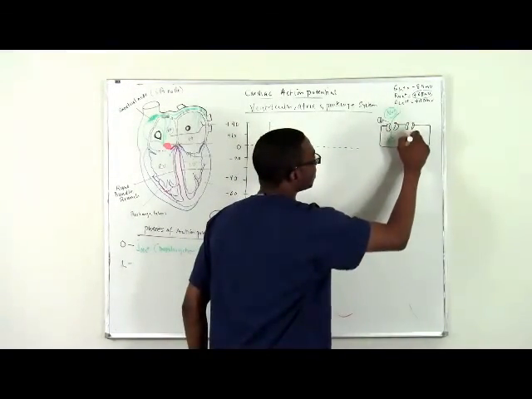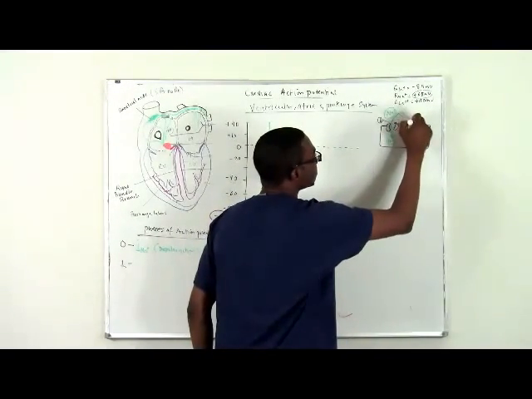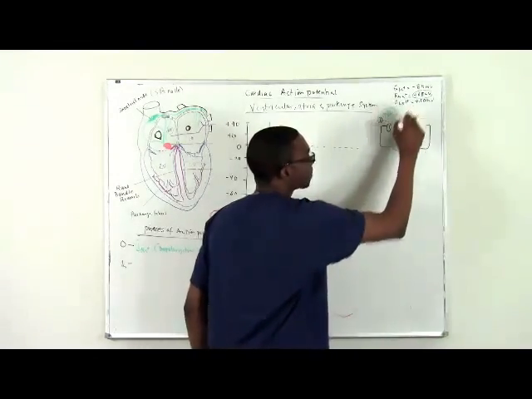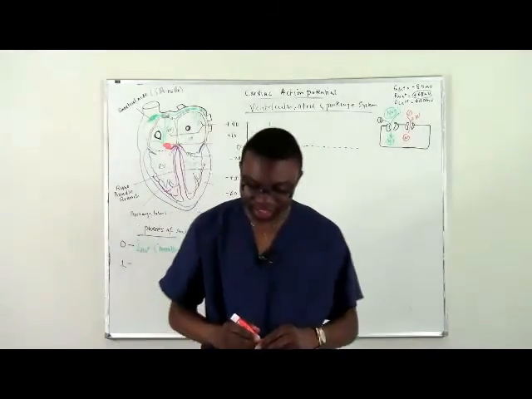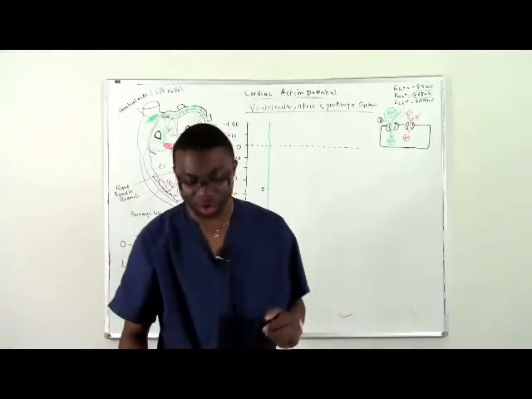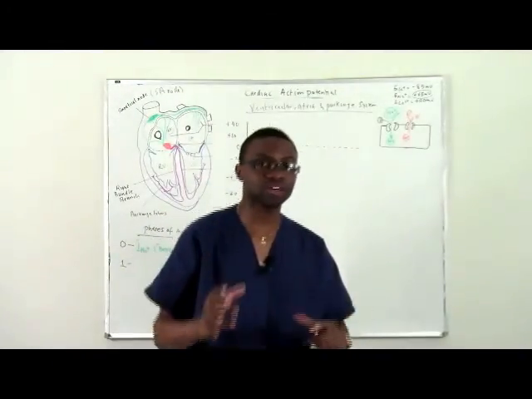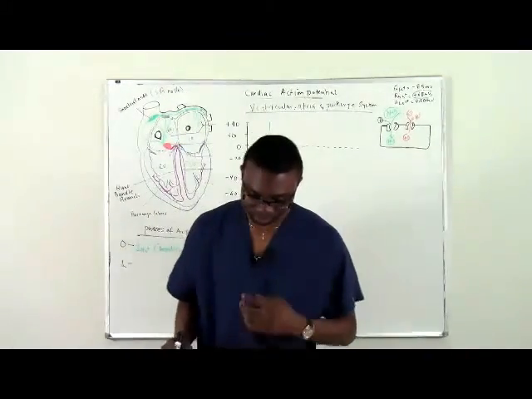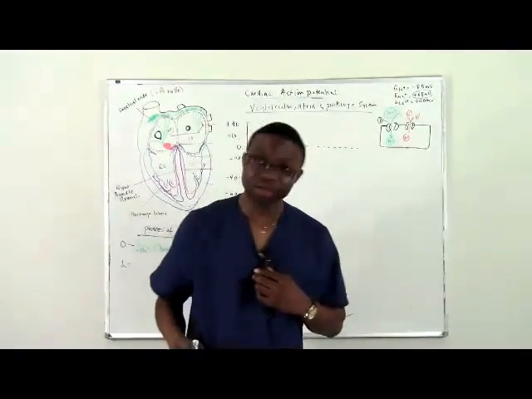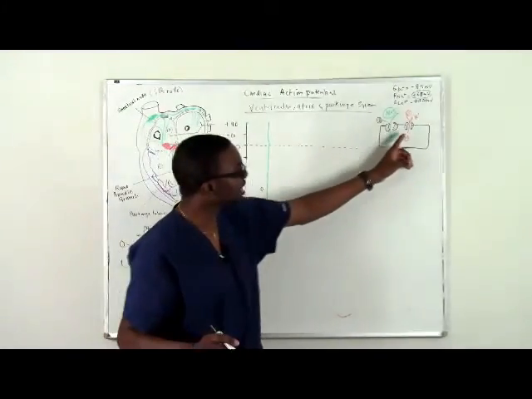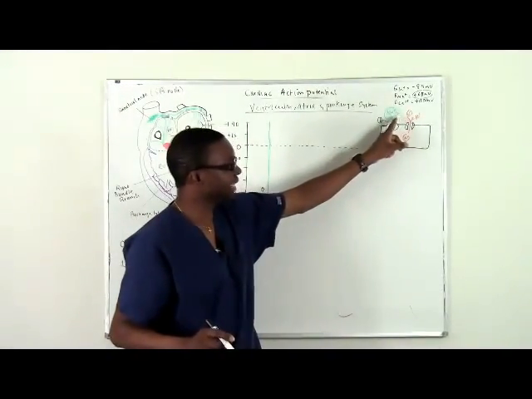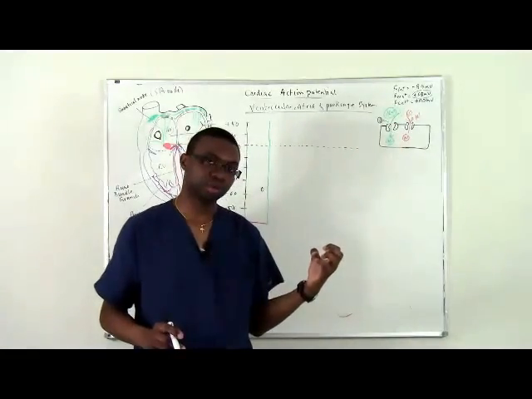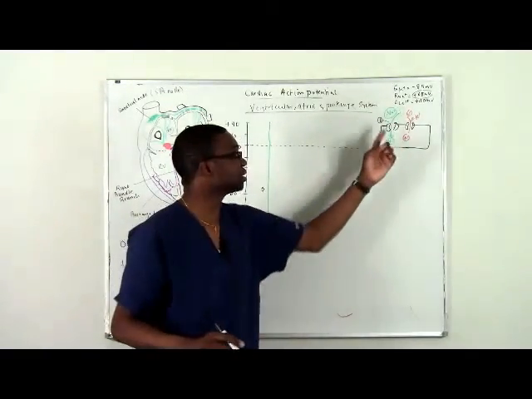So a little bit of potassium is just going to leak out, and that is known as initial repolarization, caused by an outward current of potassium flowing outside the cell. What actually happens when potassium flows out of the cell is it decreases the ability of the cell to bring in sodium.